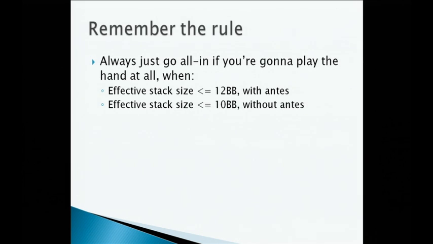And if there's no antes, then you need to be a bit shorter, because you don't want to risk 12 big blinds when there's no antes. So you only want to risk like 10 big blinds without antes. But this was the rule that I outlined in the first class roughly on when you can go all in.